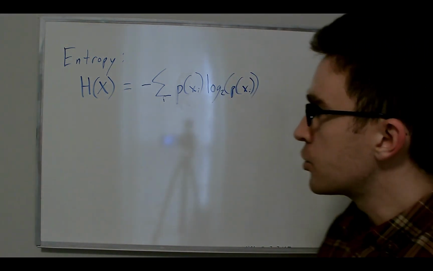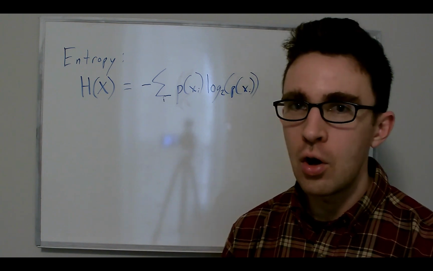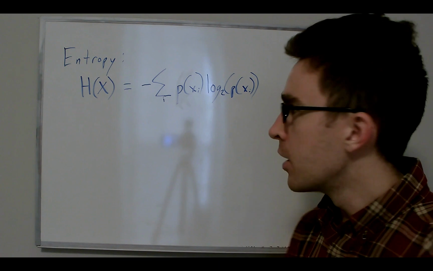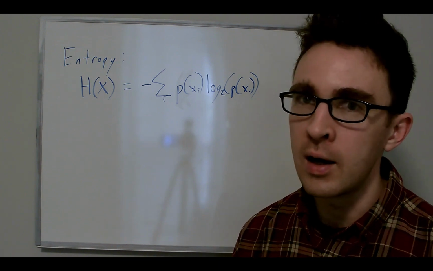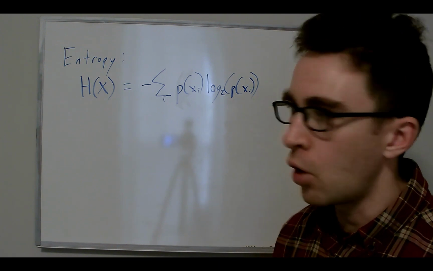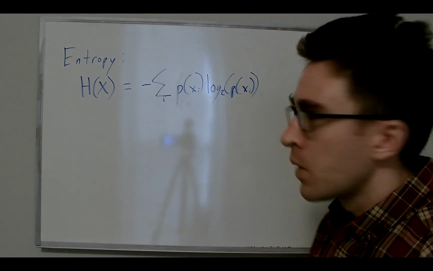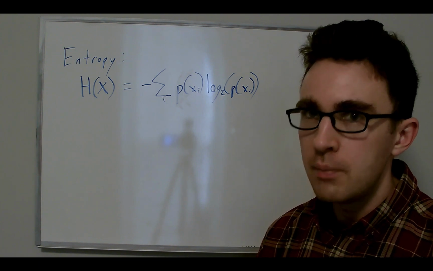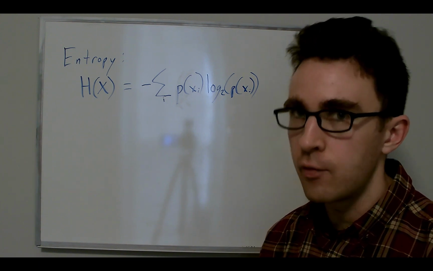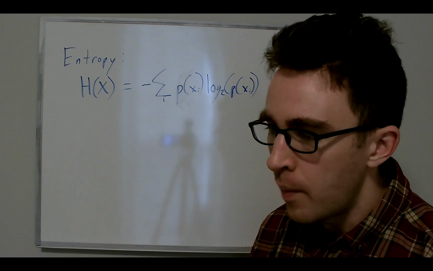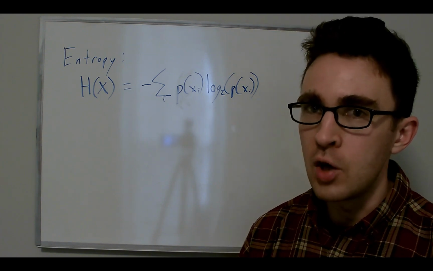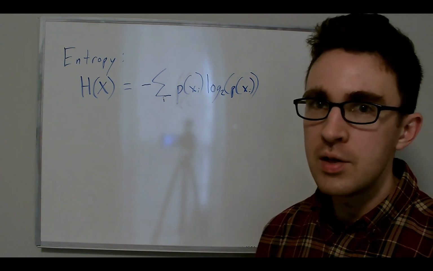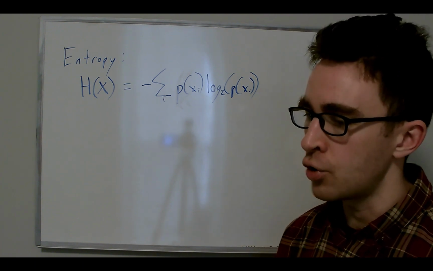Okay, so before we get into mutual information, we have to talk about entropy, or you might also hear it called Shannon entropy, because it's named after the inventor of information theory, Claude Shannon. Basically, entropy is the measure of the uncertainty of a random variable, or you might hear it called information, which seems like a contradiction, because if it means information, how can it also mean uncertainty?